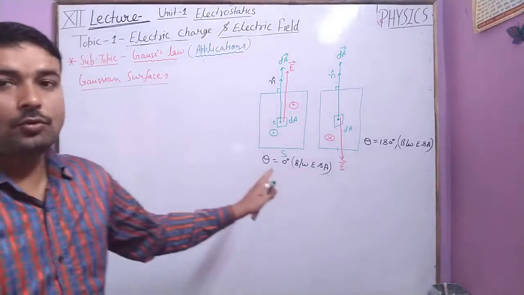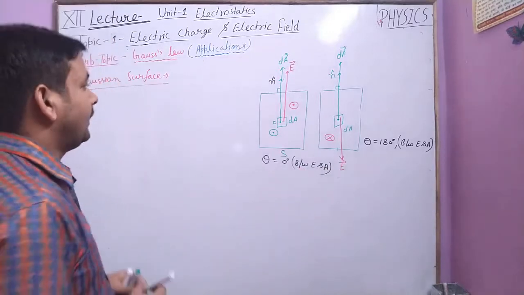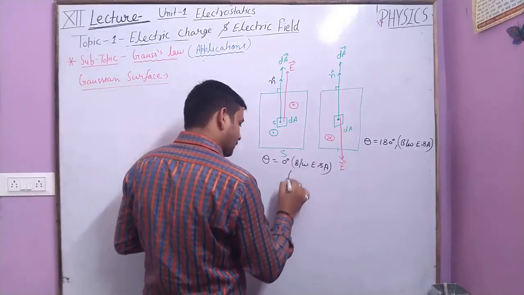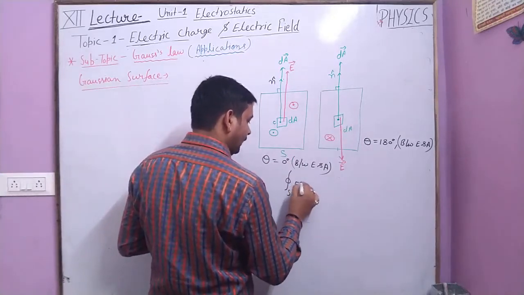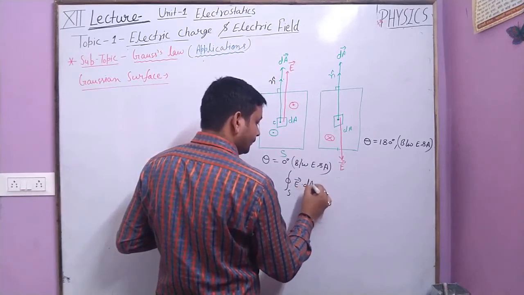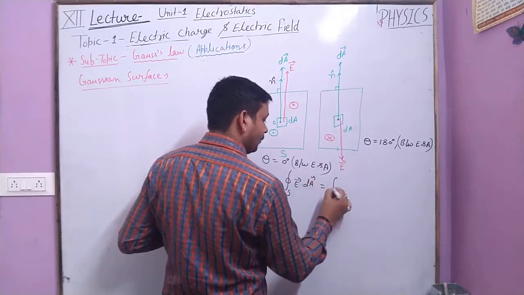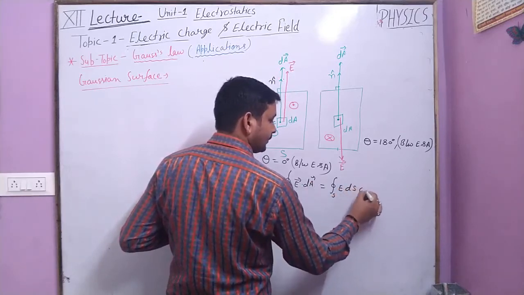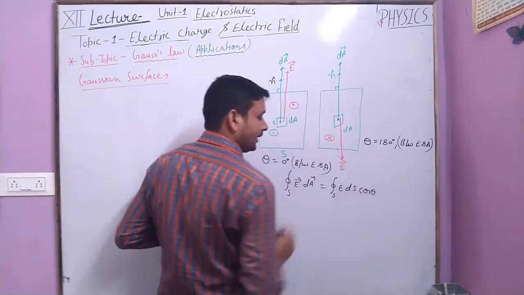So these are the two situations, and you can calculate the value of flux through the closed surface, closed integral E dot dA, is equal to closed integral E dS cos theta.